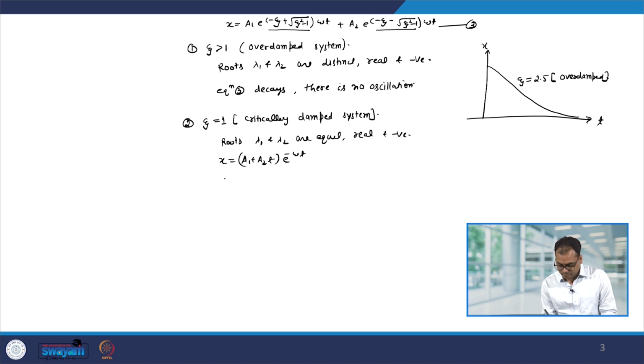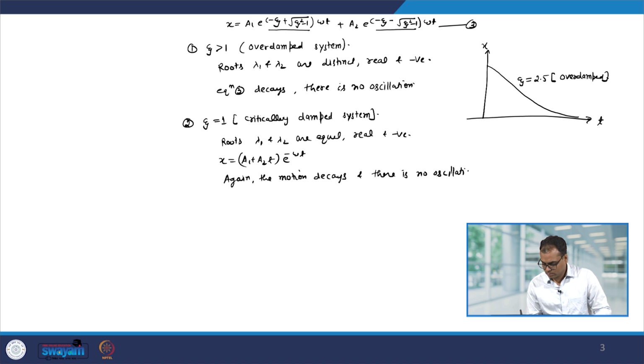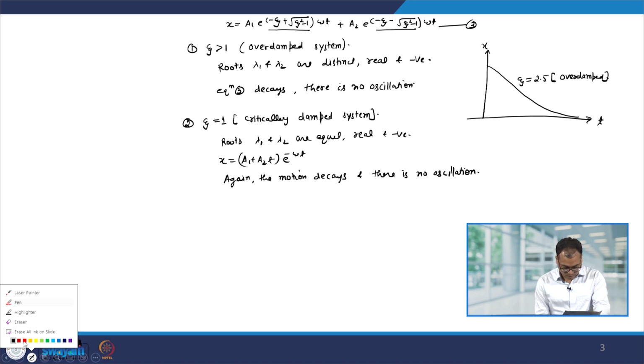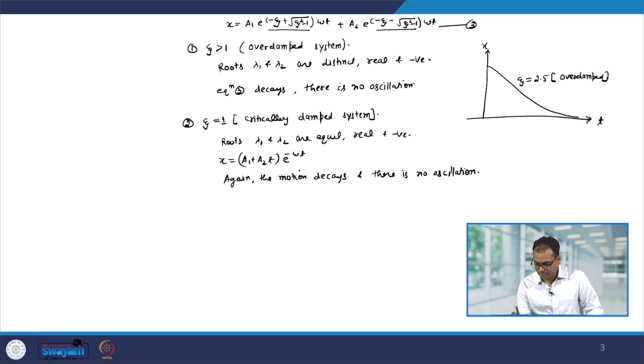So, the motion decays and again there is no oscillation. Okay. So, let me again plot it.